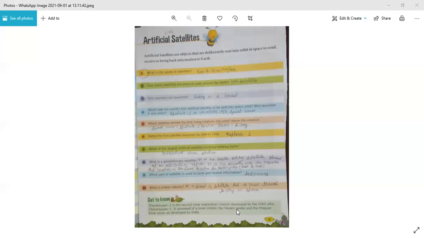First Chandrayaan 1 was sent, after that Chandrayaan 2. That mission was developed by ISRO in India and consists of a lunar orbiter, the Vikram lander and the Pragyan lunar rover. These terms are given in ISRO, so you can learn from there also and from this chapter.